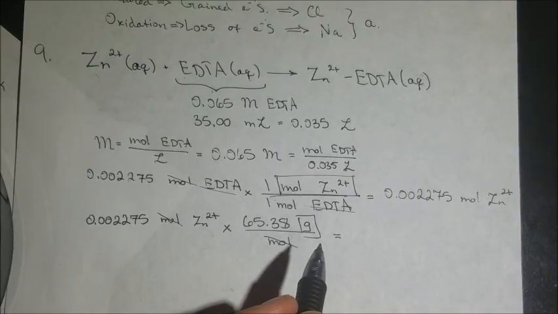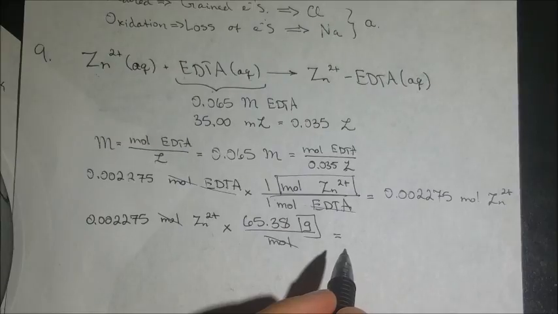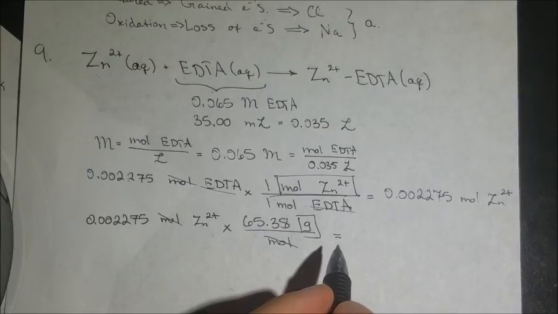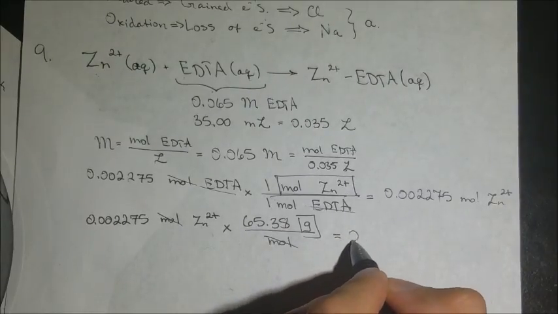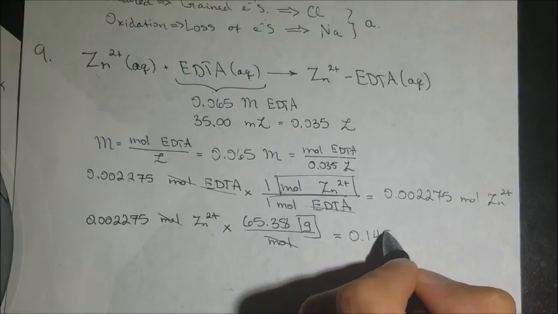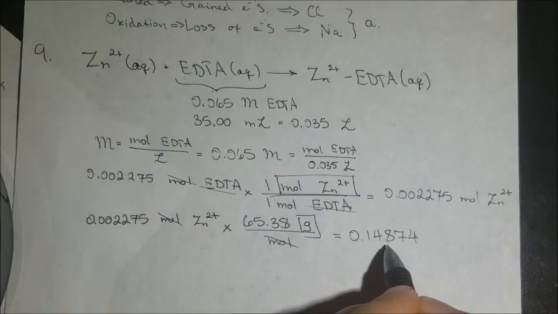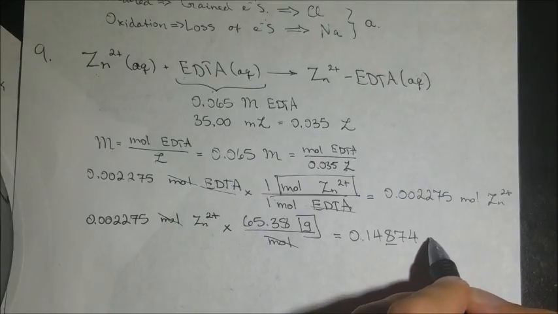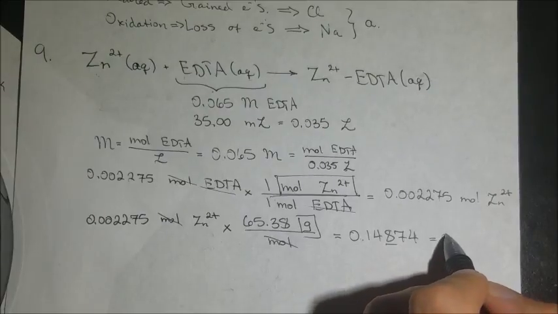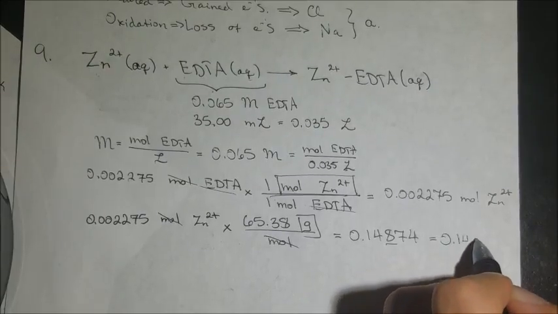So I'm going to just take this number and multiply it by the mass here, and I get 0.14874, and then you just round it right there. So it's just 0.149.